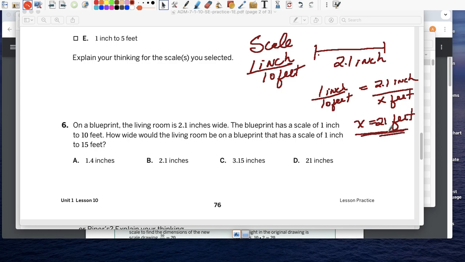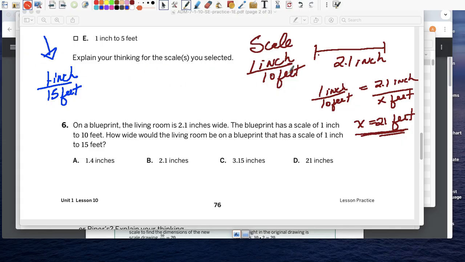Okay. Now, somebody else wants to draw your living room, right? The width of your room. But they want to use this scale: 1 inch is 15 feet. Notice the difference between his or her scale and yours.